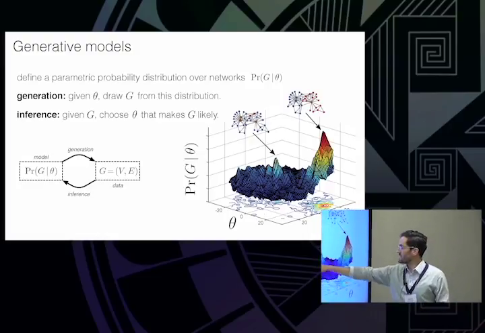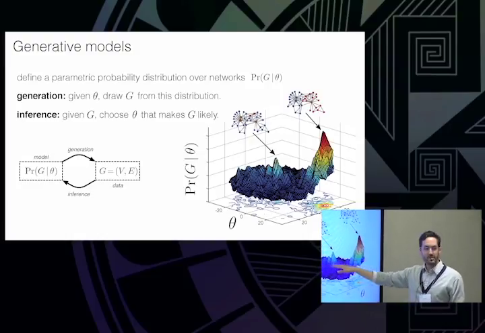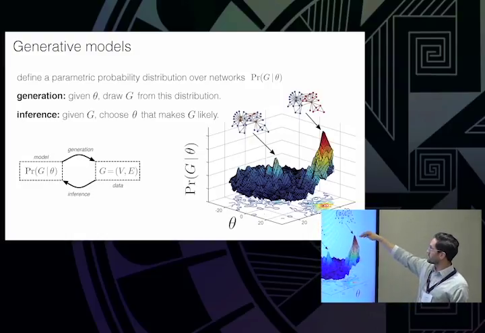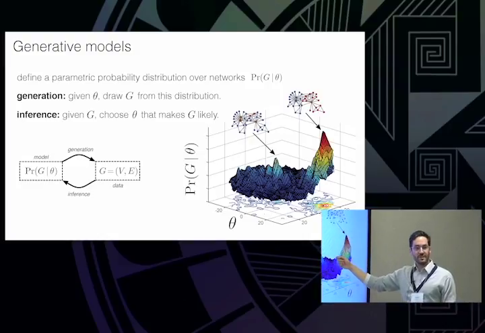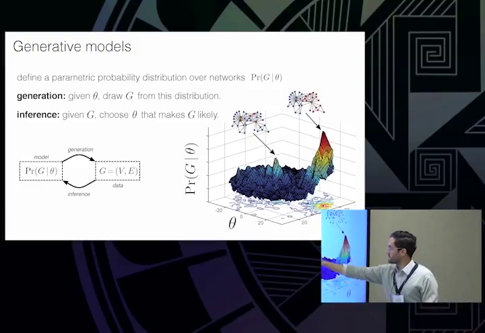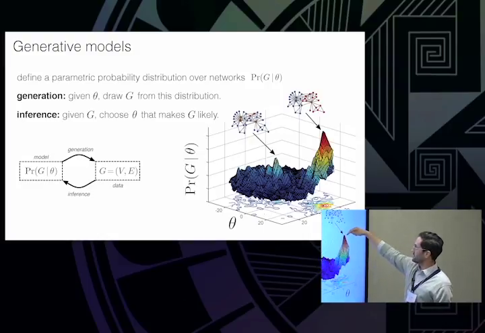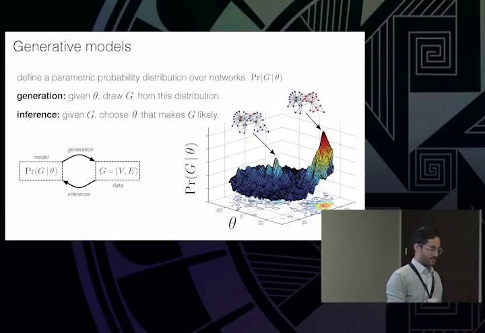If I have a crummy division into groups, I have a low probability. If I have a great division into groups, I have a nice peaked probability. And so the goal in fitting a generative model in the inference process is essentially to find your way through this space until you find the correct parameters, or the most likely parameters to have generated your data.